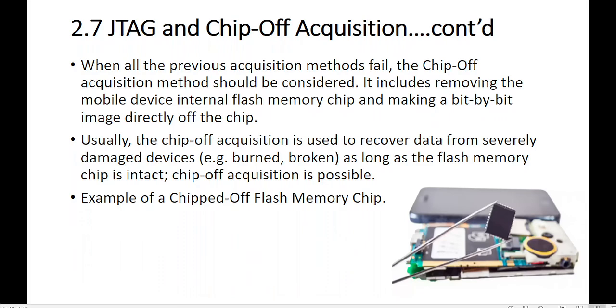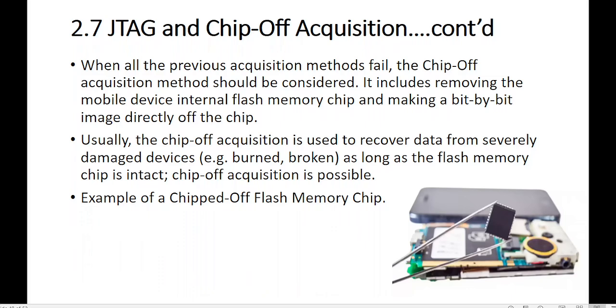If whatever you're using for the JTAG fails, you can use the chip off. Chip off is good for devices that are damaged to an extent that you can't even power them on. What you do is pull or remove a chip from the motherboard.